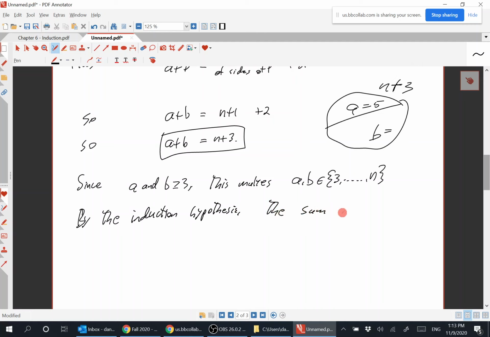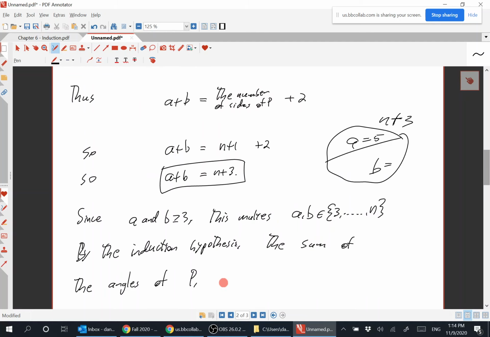the sum of the angles of P1, which has A sides, is what? The number of sides of P1 is A, so the sum of the angles for P1 is A minus 2 times 180.